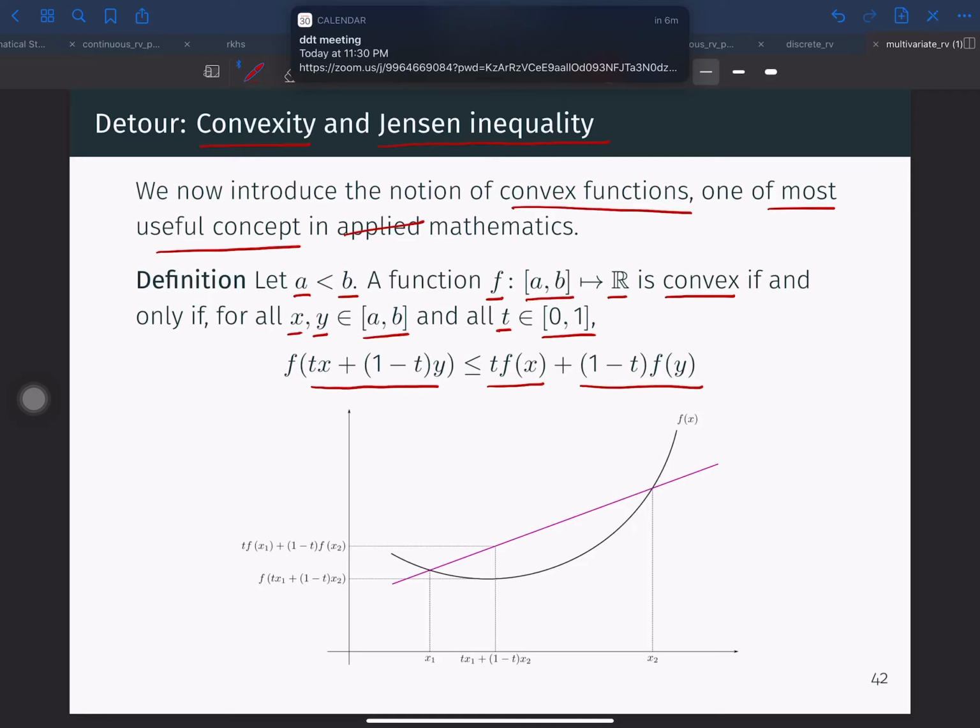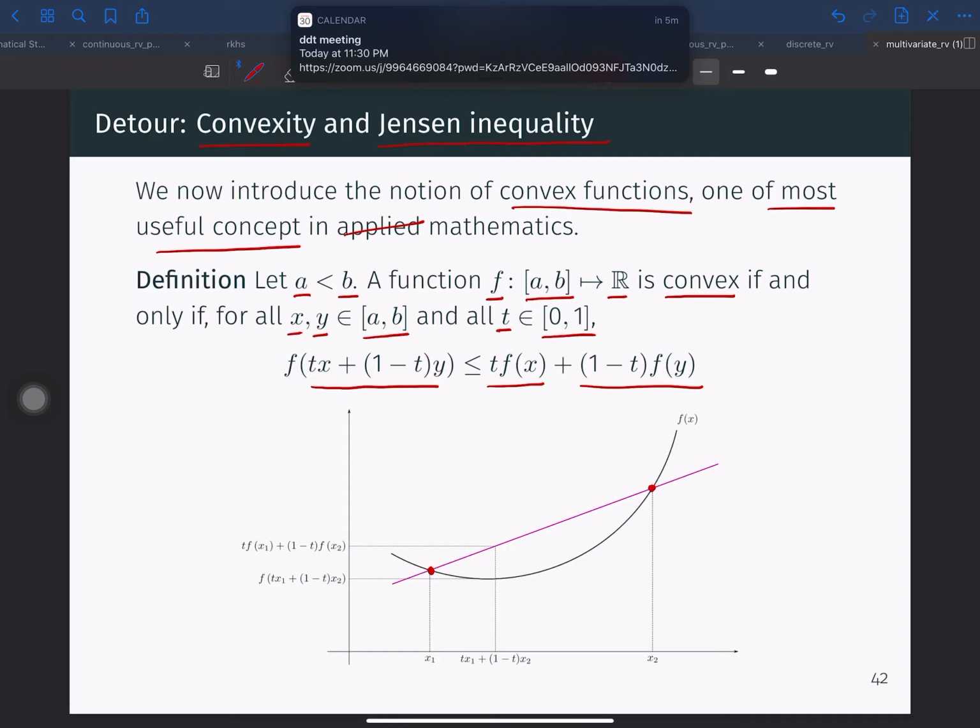So you may say this looks like an abstract condition. What it really is, in simple words, is that the line connecting two points on the curve of the function will be above that function. So here we have the point x1, here we have the point x2.